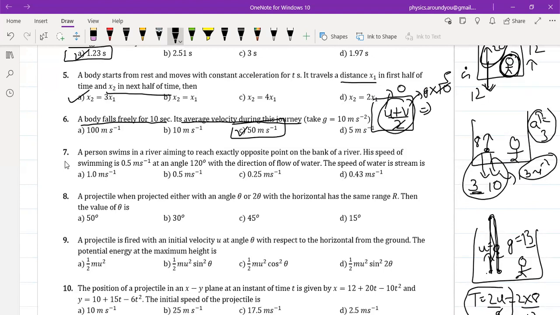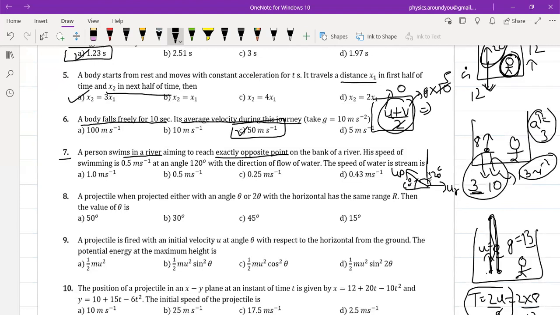Right. Now, question number 7. The person swims in a river directly opposite to the point. So that would mean the river velocity is this, the person's velocity is this, the angle is 120, so this angle is 60.